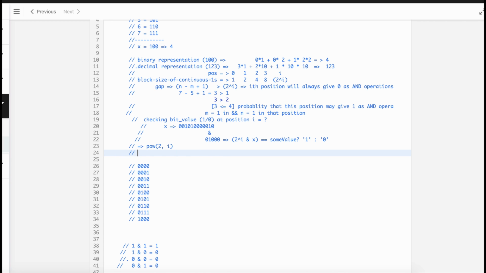There is a shift syntax available in C++. So if I want to shift this value to the left side, what will happen? If I shift the 1 in this value one time, it will be 0, 0, 1, 0.